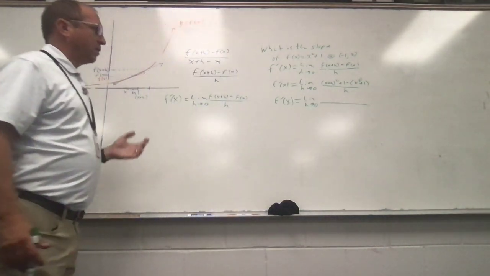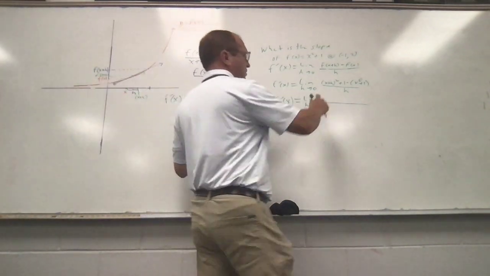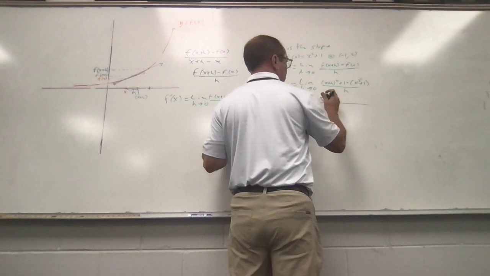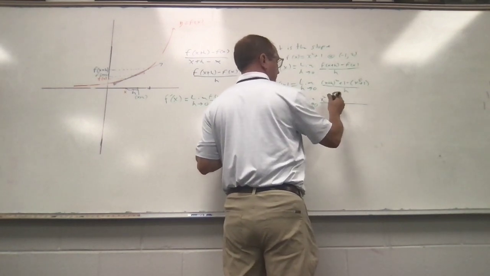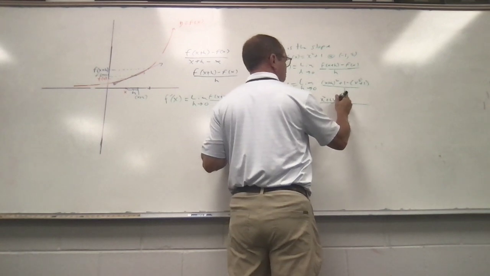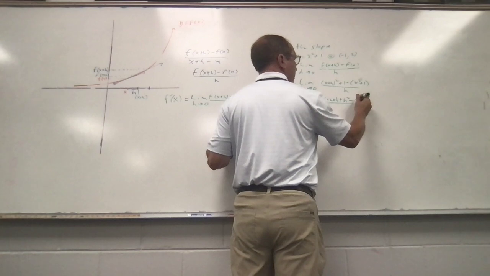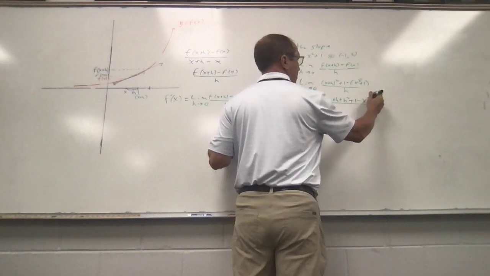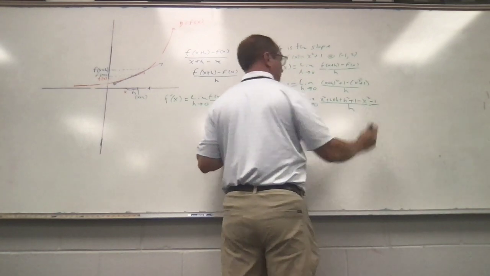So we're going to look at how we can simplify this out. Best way to simplify this out is just to square it. All right, x plus h squared. Remember, it's not x squared plus h squared because you're multiplying x plus h times itself. So it's x squared plus 2xh plus h squared, then plus 1, then distribute the negative in. So it's minus x squared minus 1 all over h.